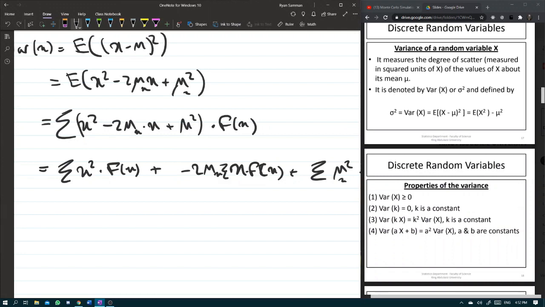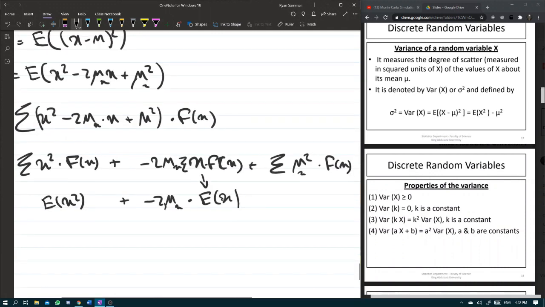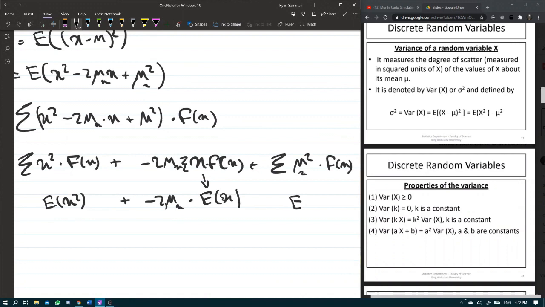So what is this? It's just the expected value of x times negative 2m, the mean, plus E of x squared, plus m squared times the sum of f of x.